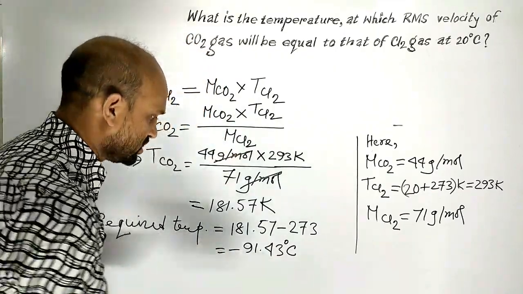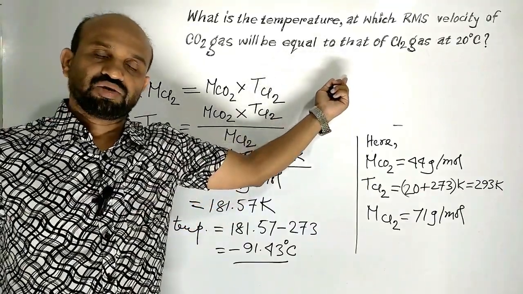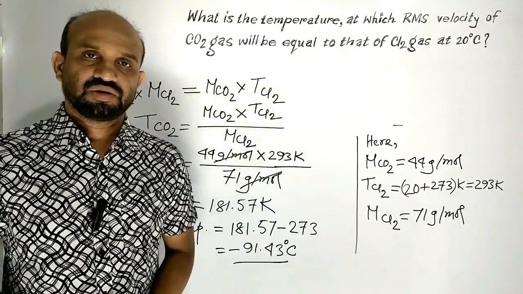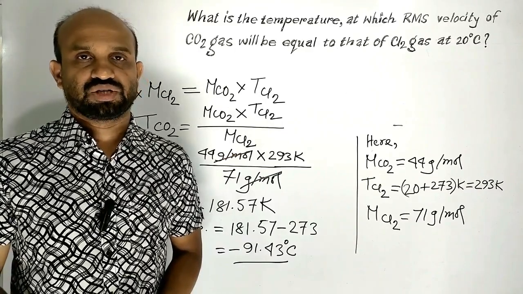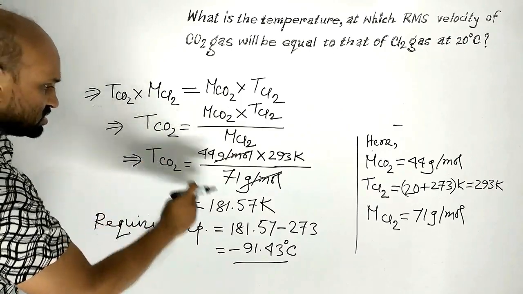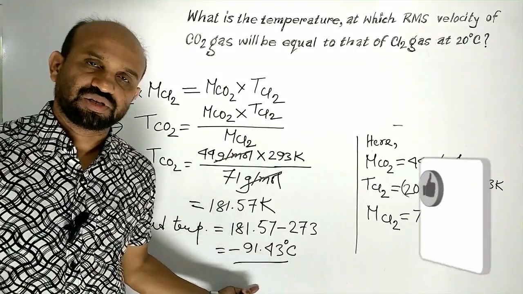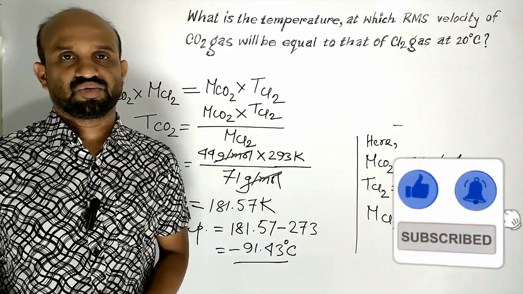This is the temperature at which RMS velocity of carbon dioxide gas will be equal to the RMS velocity of chlorine gas at 20 degrees Celsius temperature. So for carbon dioxide gas, this is the temperature at which velocities of two gases will be equal.